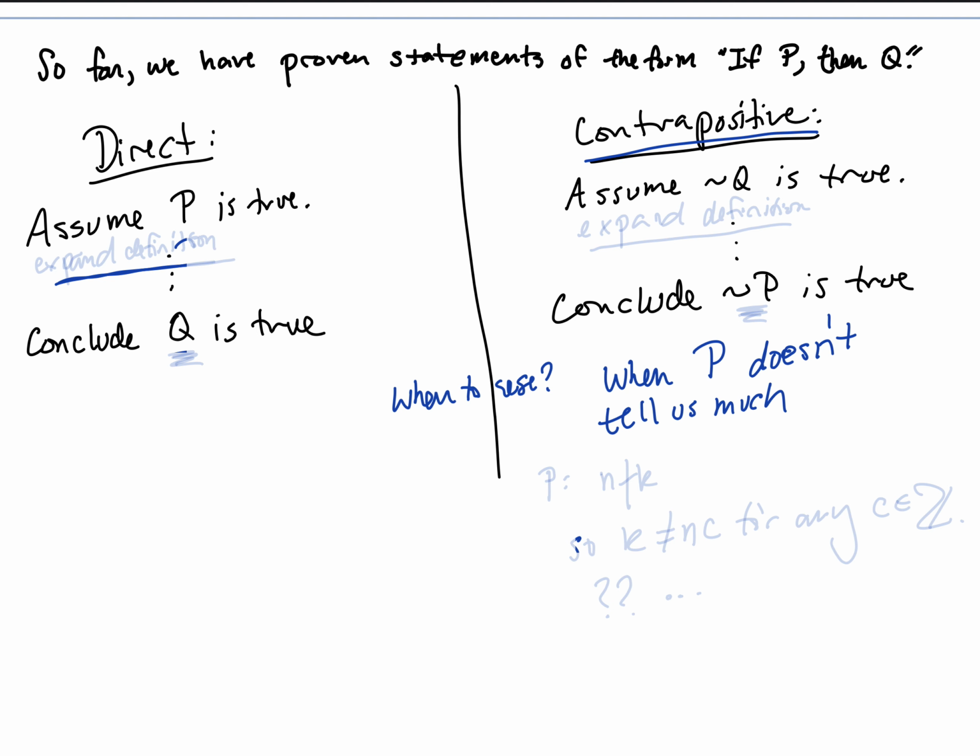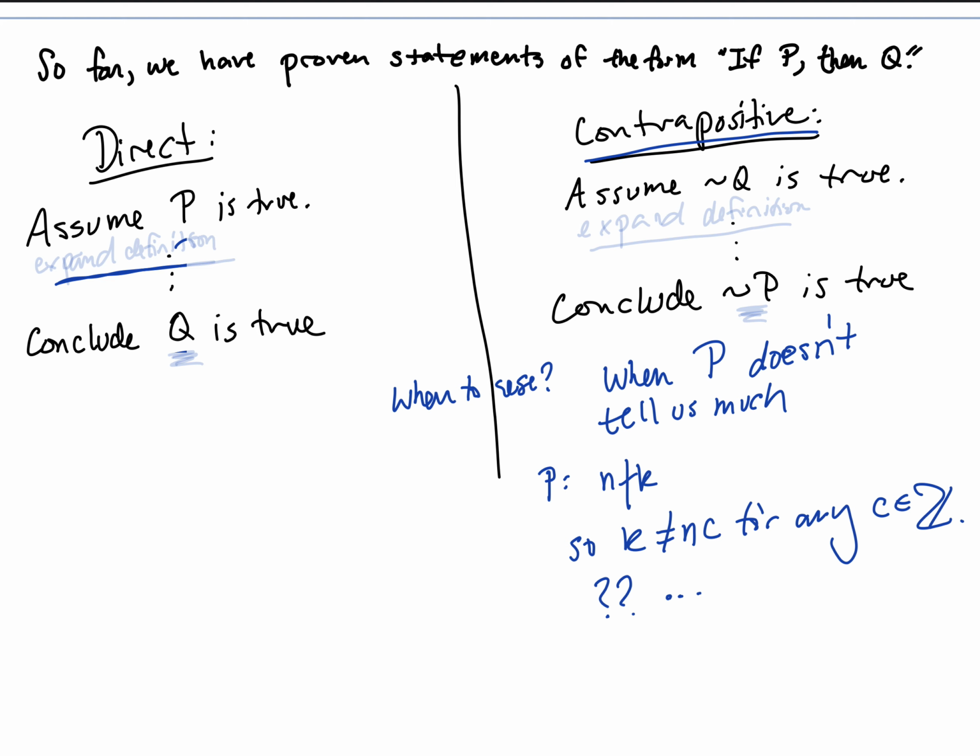So for example, if we have a statement p like n does not divide k, all right, so k is not equal to n times c for any integer c. Well, there isn't a whole lot to do, just knowing that something is not true, knowing that nc is not equal to k for any integer c. There's not necessarily an obvious follow-up to that.